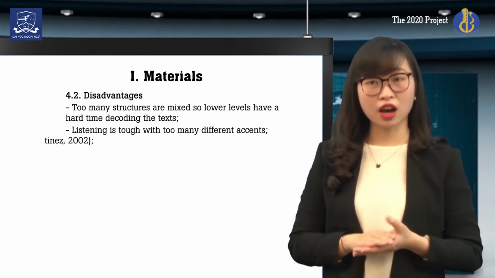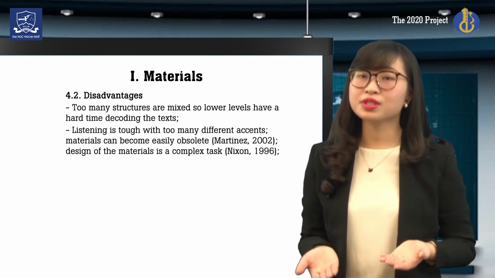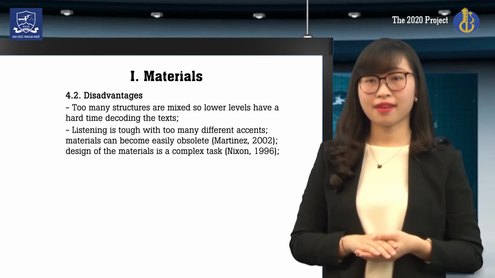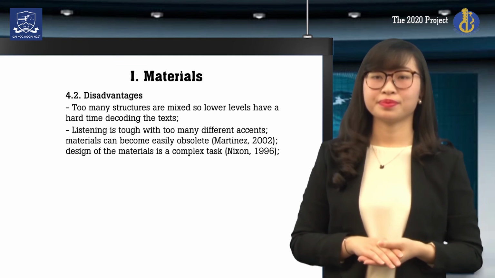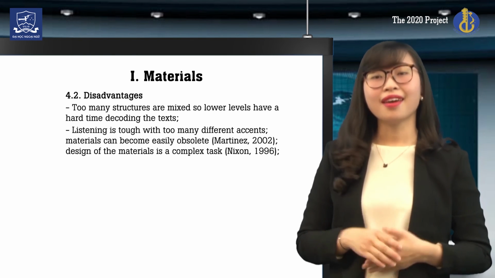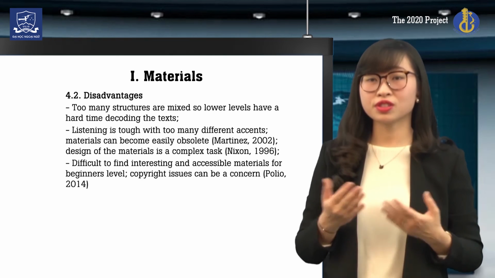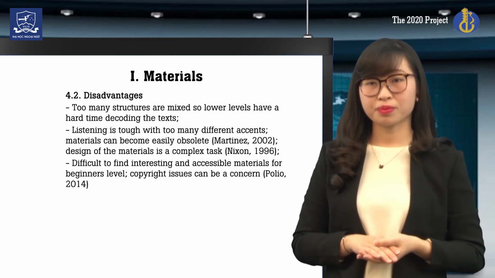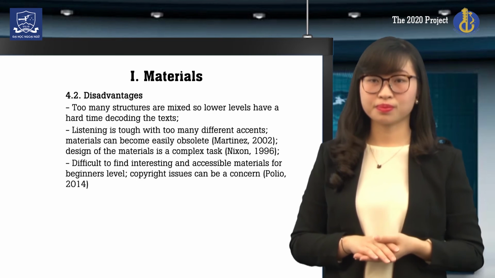Listening is tough with too many different accents. Materials can become easily obsolete, and design of the materials is a complex task. It can be difficult to find interesting and accessible materials for beginners level. The copyright issues can be a concern as well.